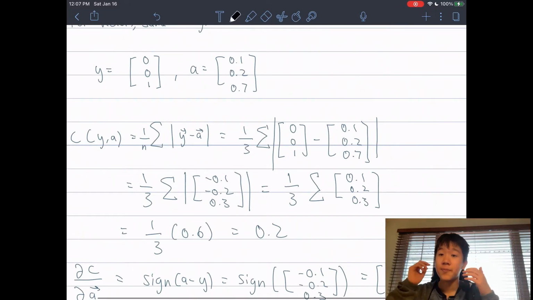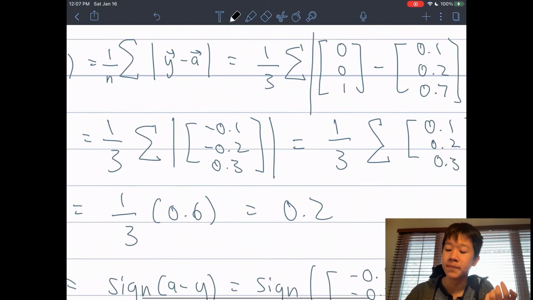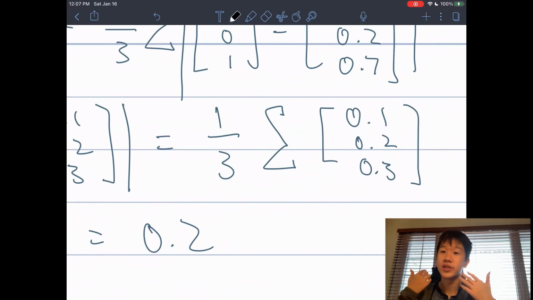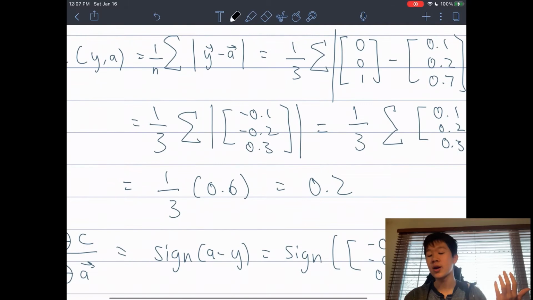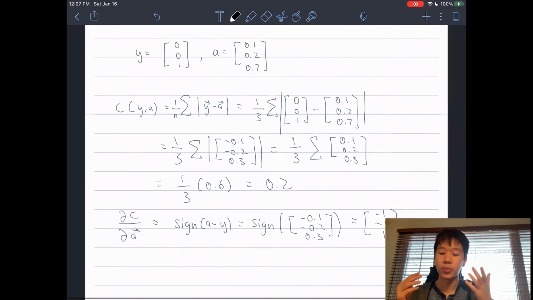This will give me 1 over 3 times the sum of the vector minus 0.1, minus 0.2, 0.3. Then I put absolute value, and I have 1 over 3 times the sum of 0.1, 0.2, and 0.3. This gives me 1 over 3 times 0.6, which gives me 0.2.